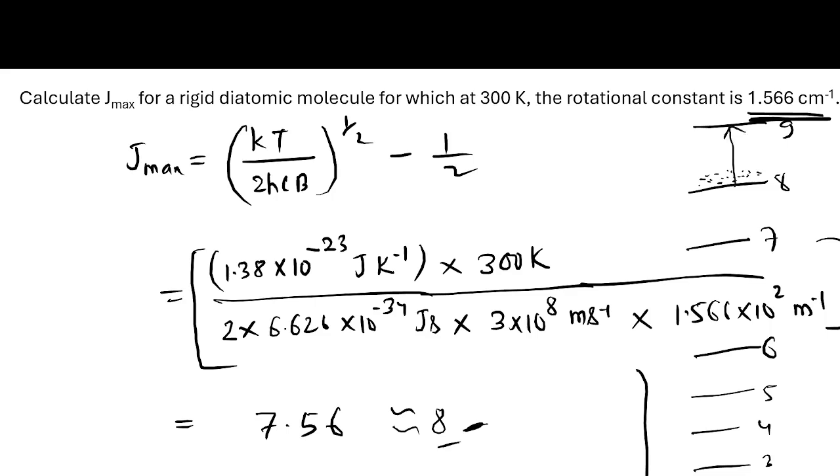This transition will be most populated, meaning the intensity of the rotational line because of the transition from J equal to 8 to J equal to 9 will be maximum. Okay, so let's say we have the rotational spectrum, intensity against wave number. Because of the transition between 8 and 9, we will have maximum intensity.